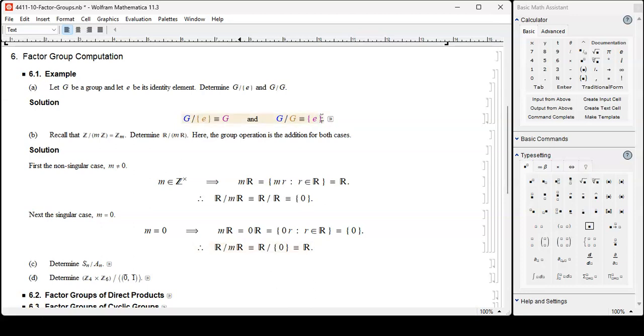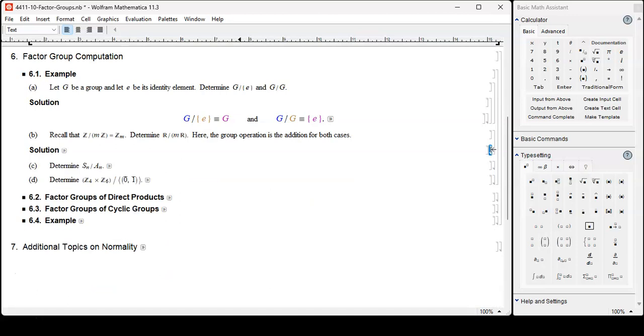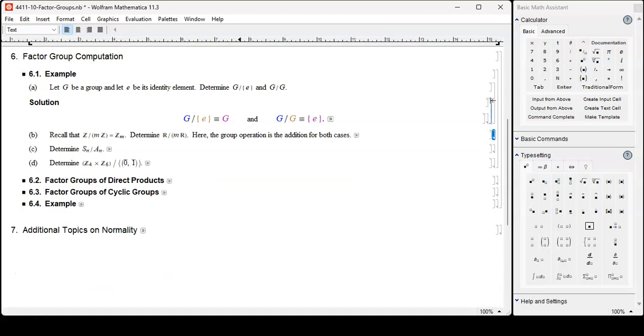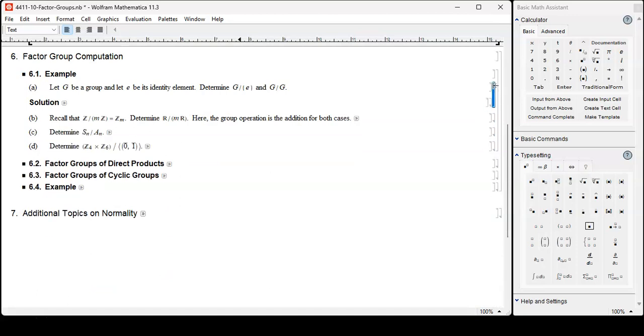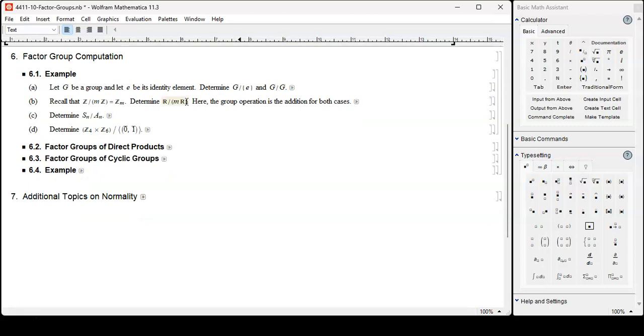So from the first example, 6.1a, the second case and the first case: either trivial or the entirety. If you do the same thing with Q, you're going to get the same thing, because we use basically the multiplicative inverse idea, 1 over M. Okay, so much for B.